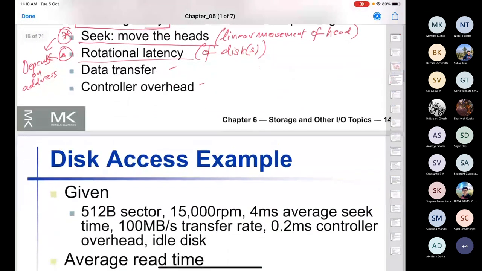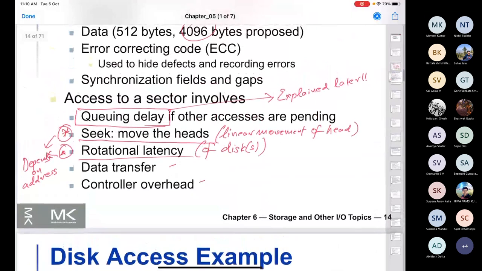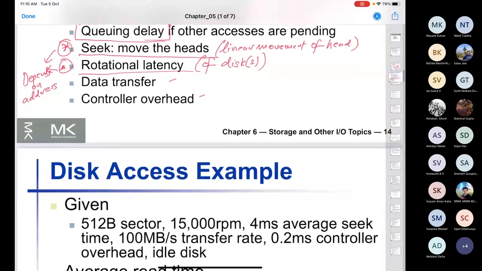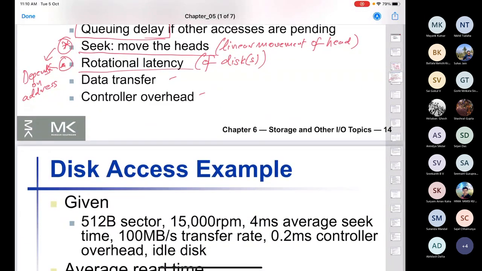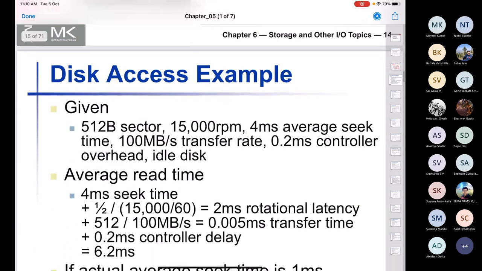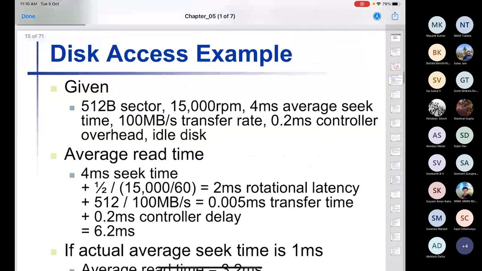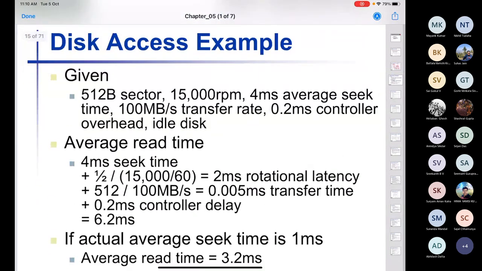Now, the queuing delay, which we'll discuss later, aside, there are primarily seek, rotation, data transfer, and controller overhead. These 4 delays. So this is a typical example. Say I have a 512 byte sector. It is rotating at 15,000 RPM. This is too fast probably, but anyways. The average seek delay is 5 millisecond.